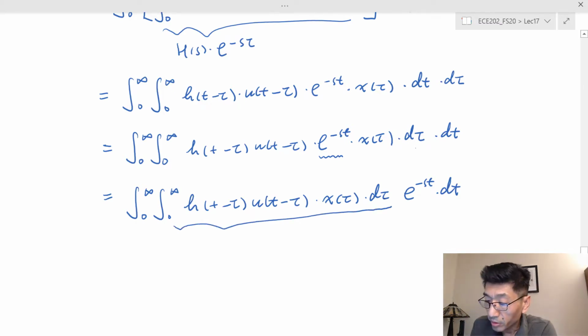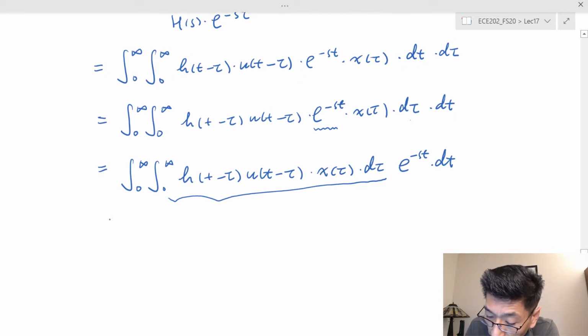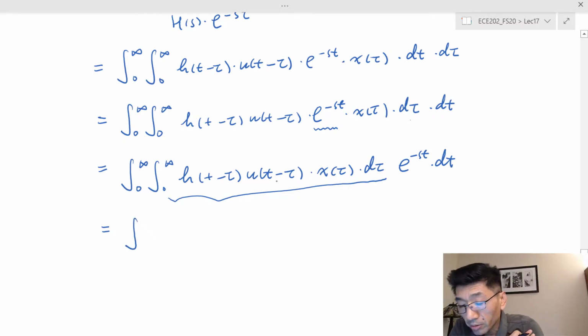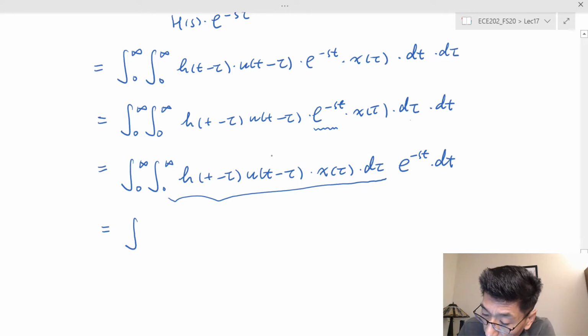Okay, this is very close to the final format we're trying to have. Since we integrate u(t − τ) over τ, τ goes from 0 to t once. When τ is greater than t, u(t − τ) becomes 0.